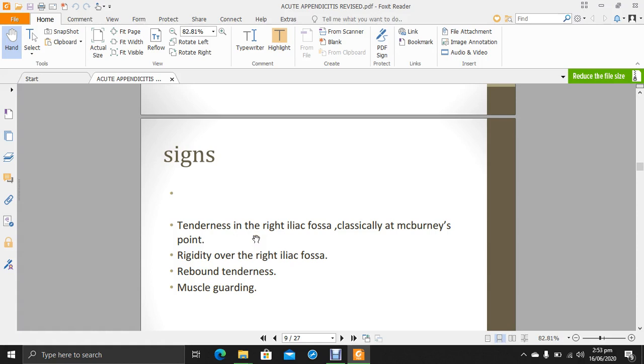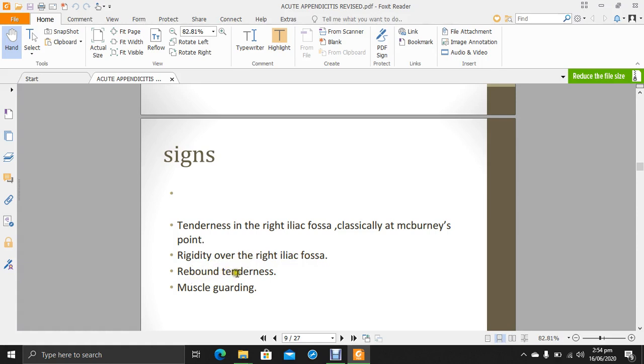So if you draw a line from the umbilicus up to the anterior superior iliac spine on the right side and divide it into 3 parts, then at the junction of the lateral 1/3 and the middle 1/3, this is the McBurney point, which is the point of maximum tenderness. And rigidity over the right iliac fossa will be there.